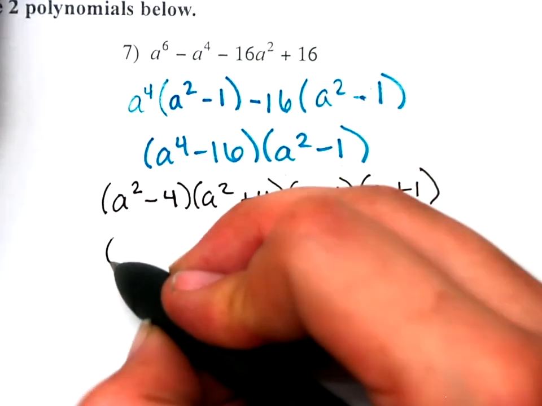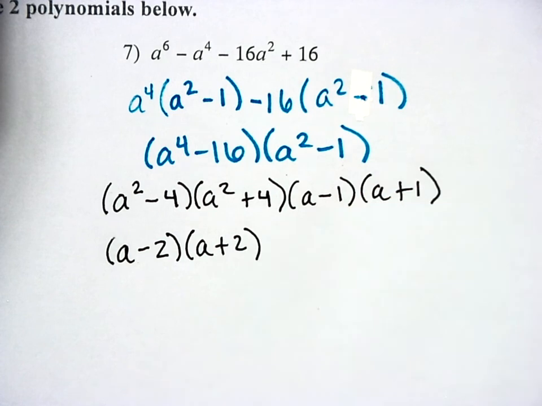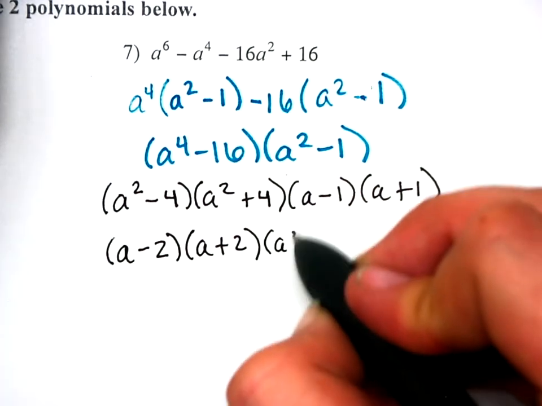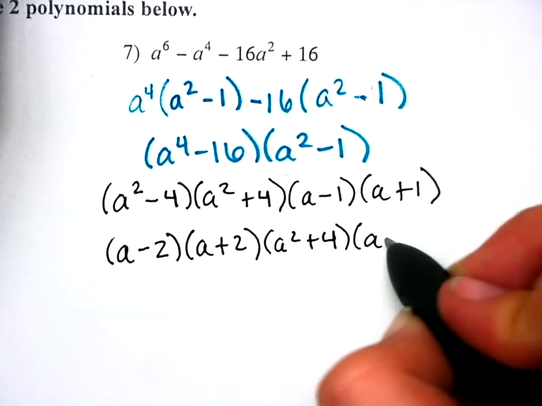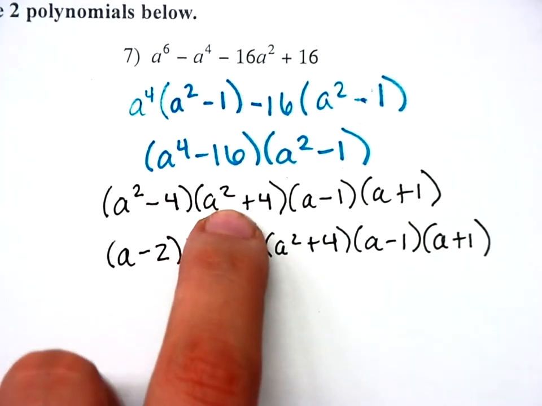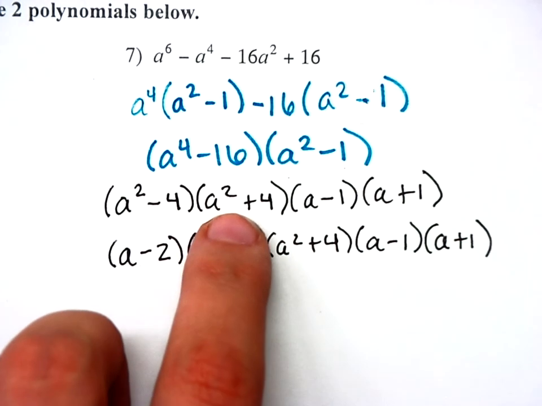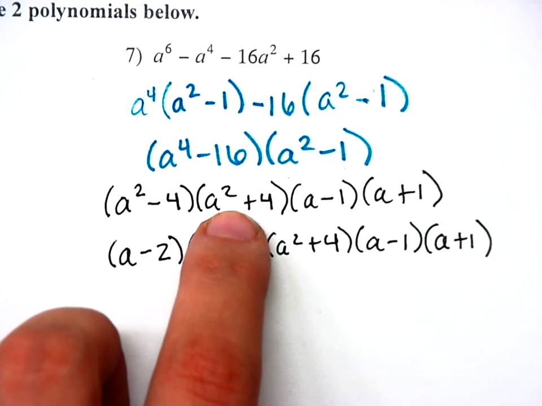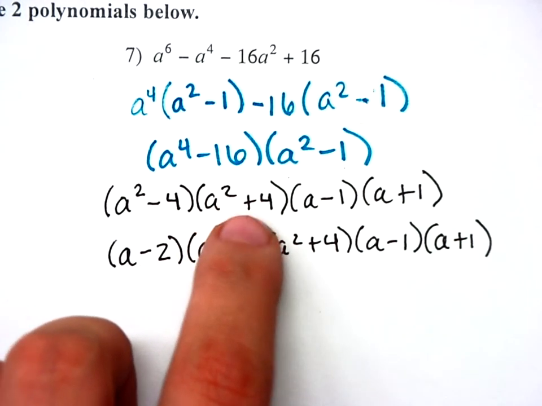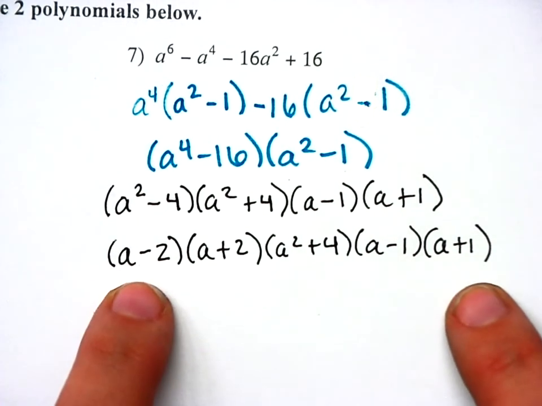So I'm going to factor this as a minus 2, a plus 2. I've got the a squared plus 4, and then a minus 1, a plus 1. We can't factor the a squared plus 4 for the same reason as I've mentioned in other videos, and it's because it's a sum of squares, not a difference, so we don't have a special rule for that one. Okay, so this is completely factored for number 7.